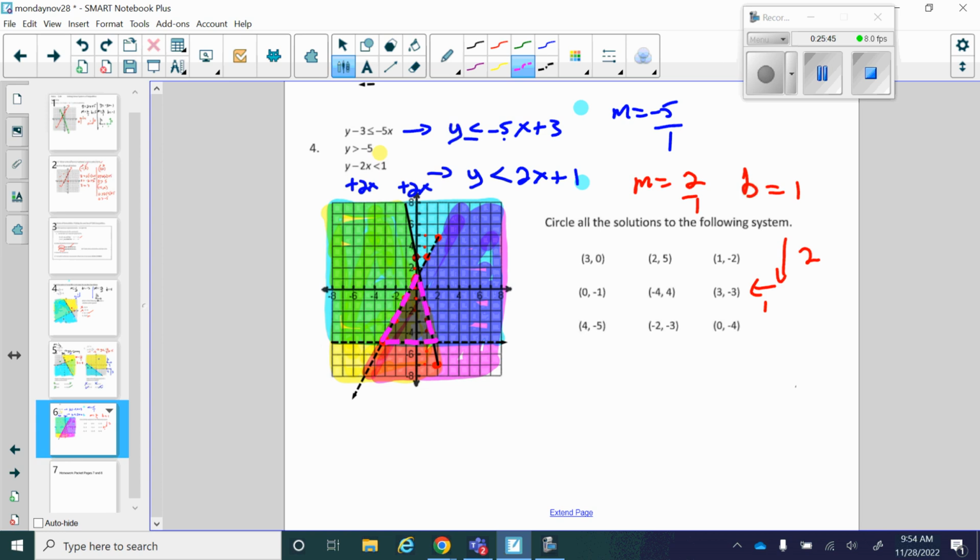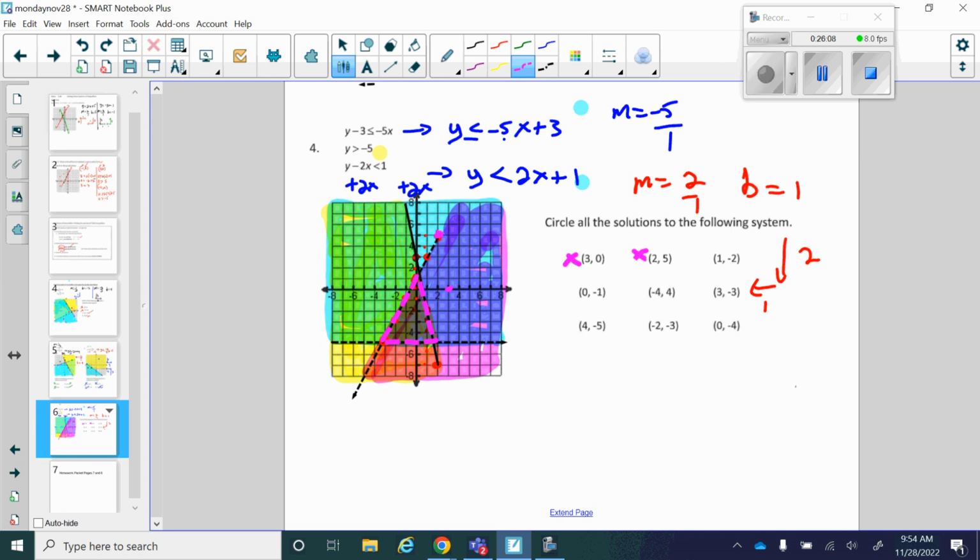3, 0, is that in the area? 3, 0 is not what I'm looking for. How about 2, 5? 2, 5 is right here. No. How about 1, -2?